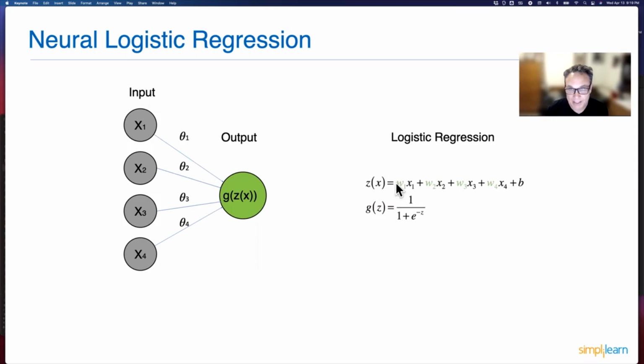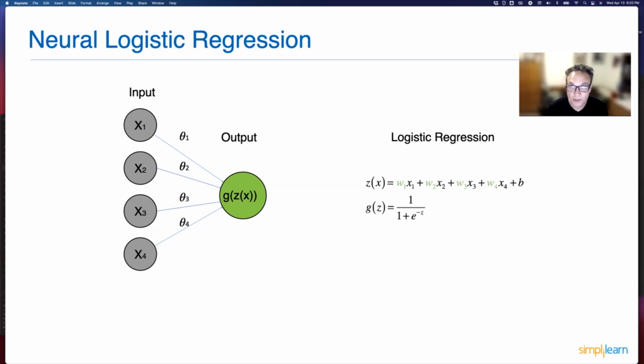If we write it this way, instead of the thetas, we write W's times all the X's, then take this summation and pass it through a function, a G. That's our activation function. If you've done any statistical modeling, basic data science, or machine learning, you'll recognize that this is logistic regression.